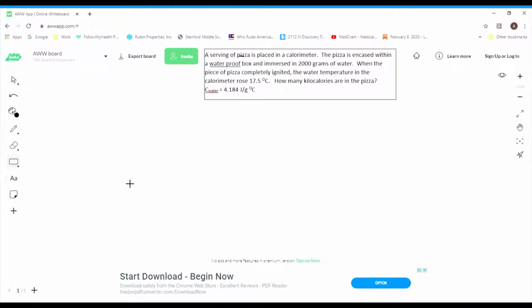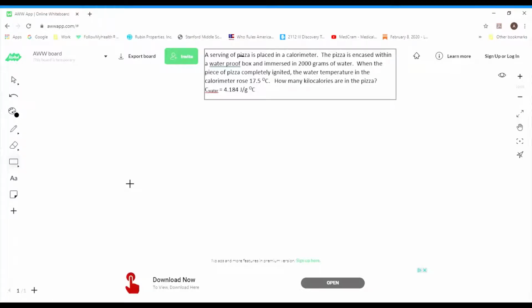The pizza is encased within a waterproof box and immersed in 2,000 grams of water, 2 kilograms of water. When the piece of pizza completely ignited, the water in the calorimeter rose 17.5 degrees Celsius. How many kilocalories are in the pizza? And we're told that the specific heat capacity of water is 4.184 joules per gram degrees Celsius.